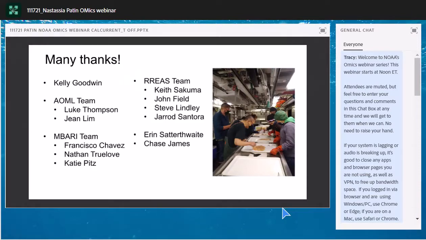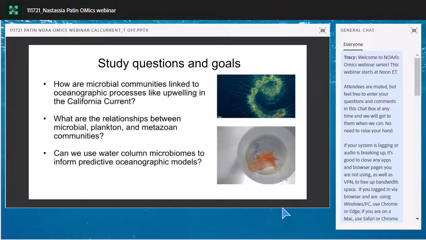The team on the rockfish recruitment and ecosystem assessment survey cruise, which I'll talk about a little bit later on, where I got to do some field work this past spring. And finally, Aaron Satterthwaite and Chase James, who have provided some helpful comments and ideas as this work has progressed.